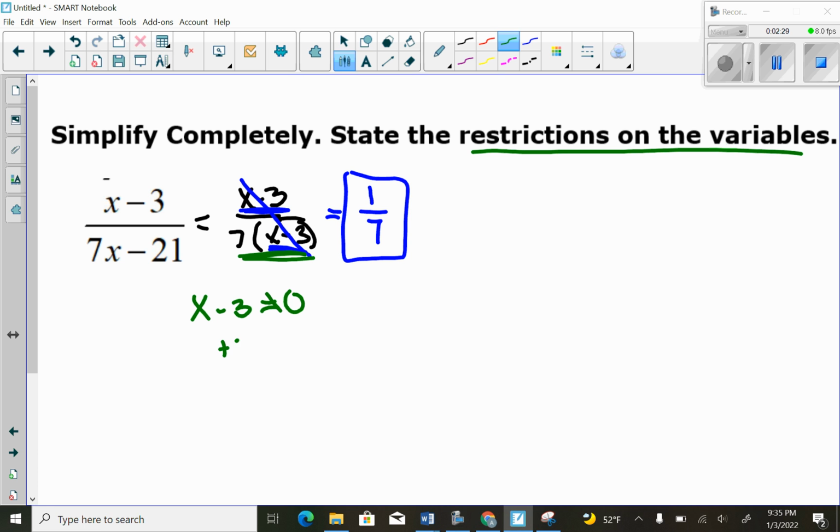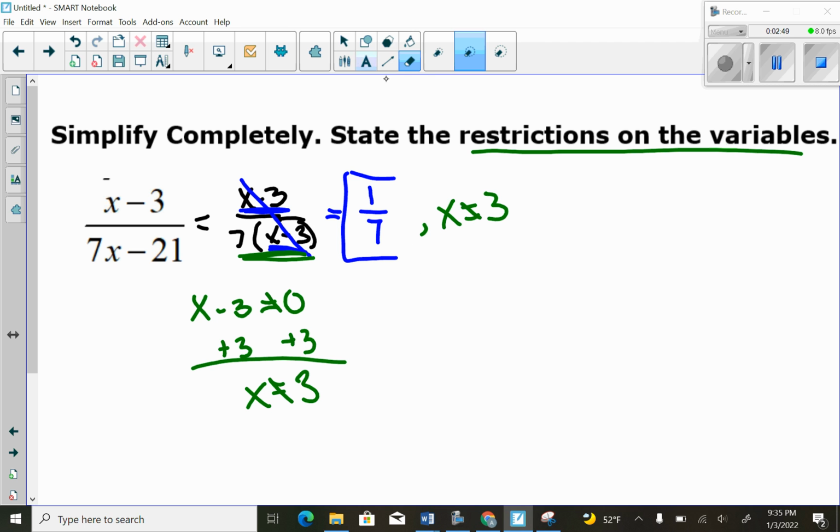Then I solve that. So x can't equal 3. So that would be our full answer.